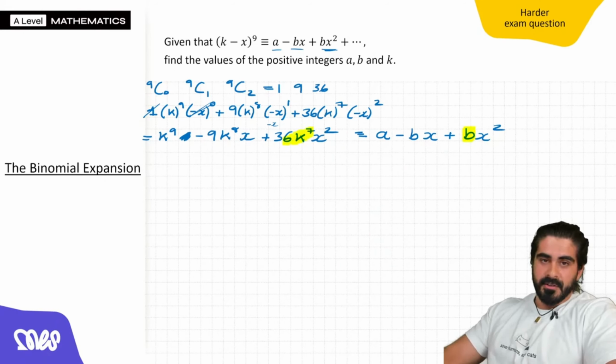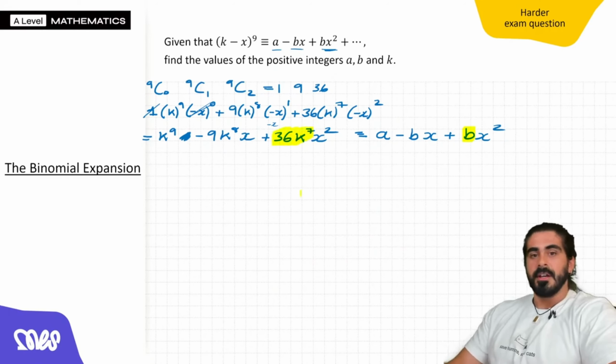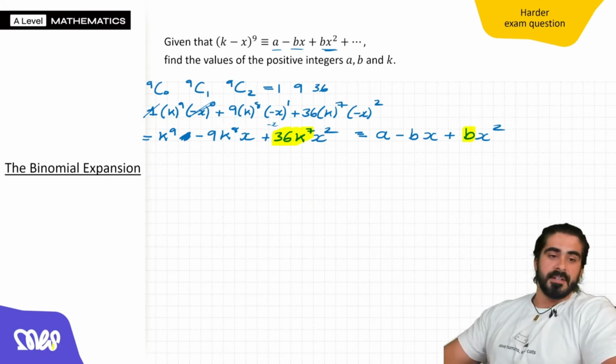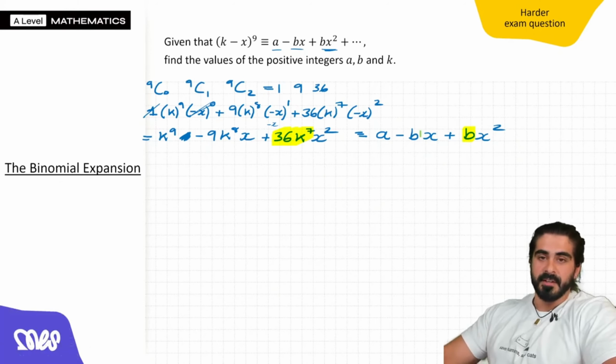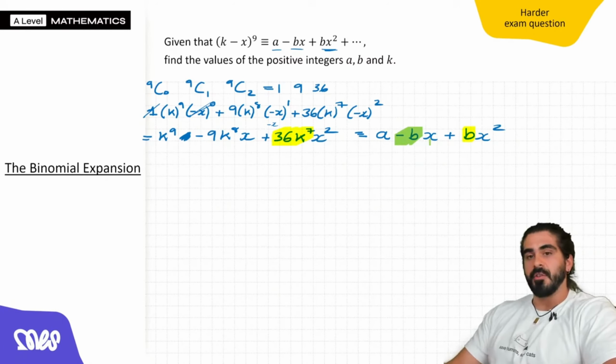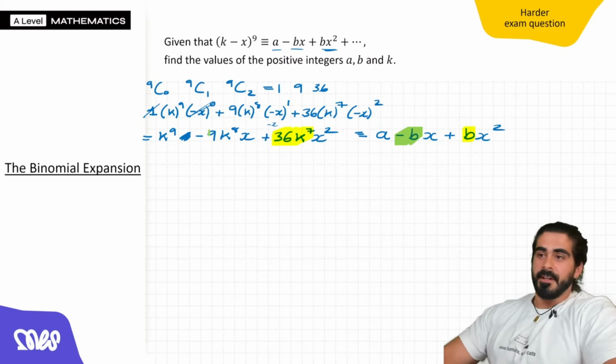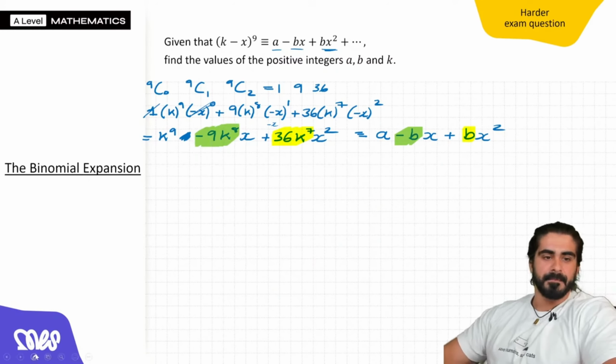It's 36k to the power of 7. Because we're using an equivalence here, b must equal 36k to the power of 7. Also, if we look at the coefficient of x, make sure you include the minus. The coefficient of x here is minus b. The coefficient of x here is minus 9k to the power of 8. They must be the same.